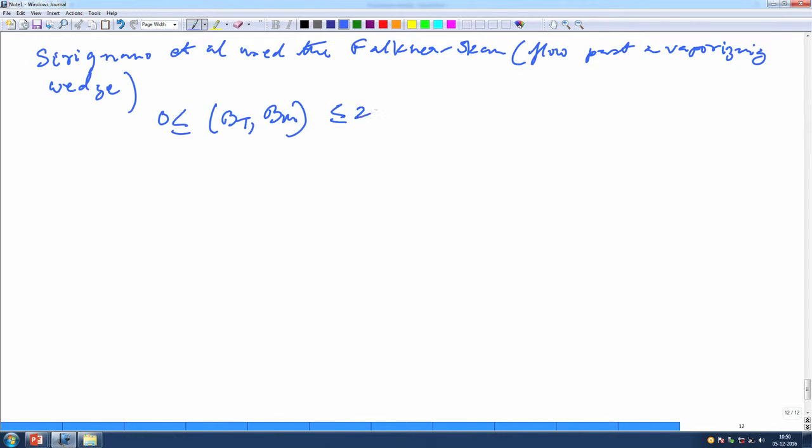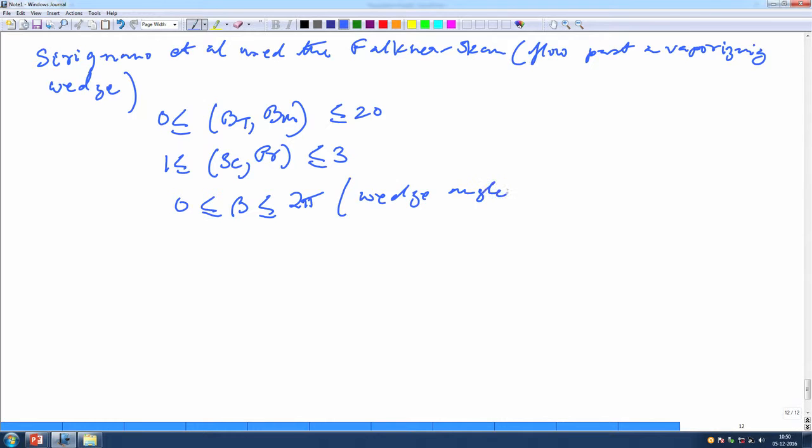They are both less than 20, the Schmidt number and the Prandtl number were less than 3, and beta, which is the wedge angle, is within this range. That was what Sirignano used, flow past a vaporizing wedge and the corresponding laminar boundary layer.